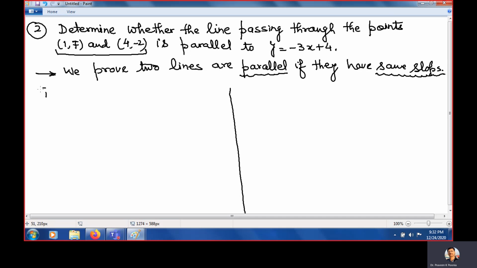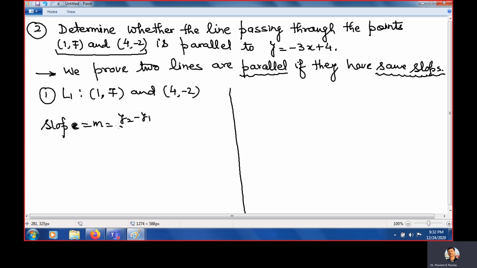This is line number 1, passing through 2 points, 1, 7 and 4 comma minus 2. If any line is passing through these 2 points, we can find the slope. So slope m is equal to y2 minus y1 upon x2 minus x1, because we can find the slope of a line passing through two given points.